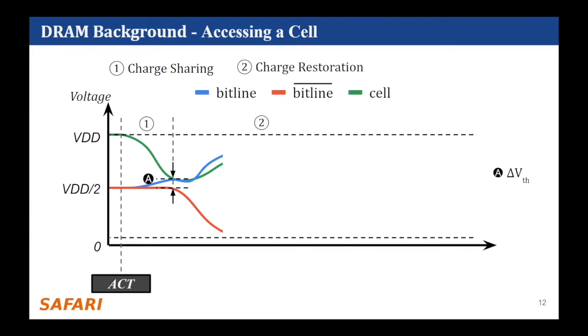And during the charge restoration process, when the voltage difference across the bitline pair reaches another level, we can say that the value is now reliably latched in the sense amplifier, and we can issue read or write commands to access the data.